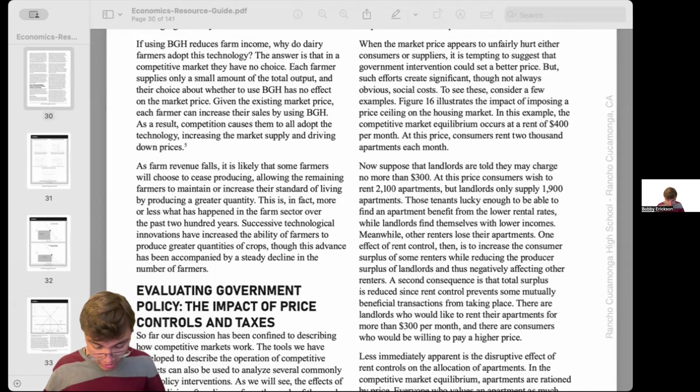And so this has actually happened in the last 200 years in the farm sector, where we can see that technological innovations have increased the ability of farmers to produce more crops, although this has been coupled with the decline in farmer numbers overall.